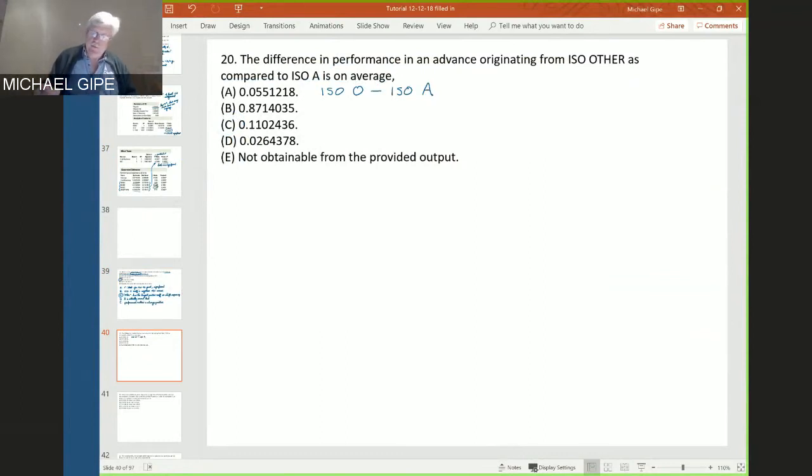How about B? B is the intercept of the model. How about C? C is 2 times this difference between ISO other and ISO A. And this D is the ISO other coefficient.